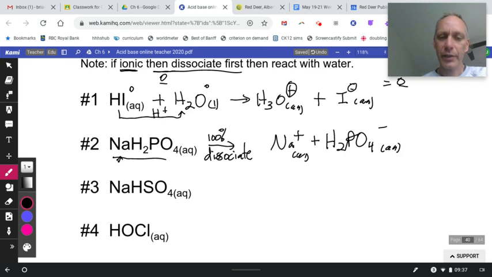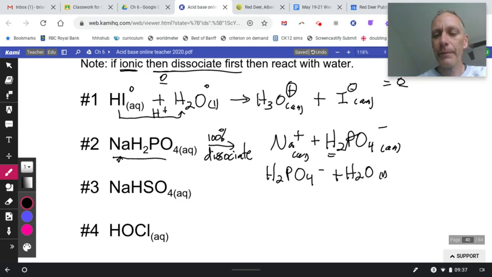It would be the one that has the hydrogen to donate with water. So now that this is freed up, the H2PO4- will react with water. And you can show that transfer of an H+. We do this in Chem 30 all the time. So if it loses an H+, let's do our math here. And we're just going to call this thing HX-. And it lost an H+.